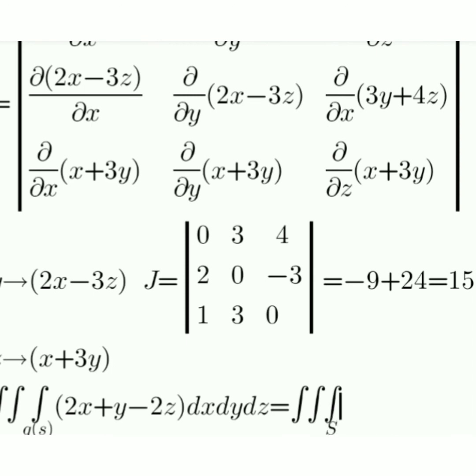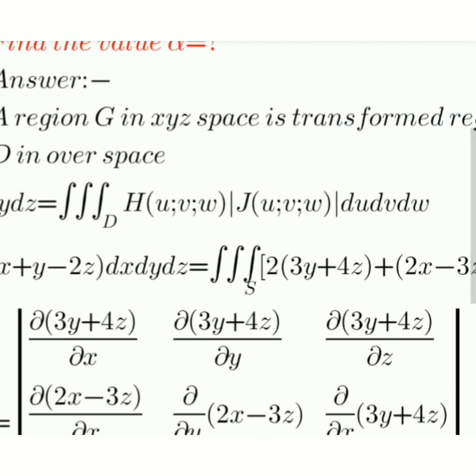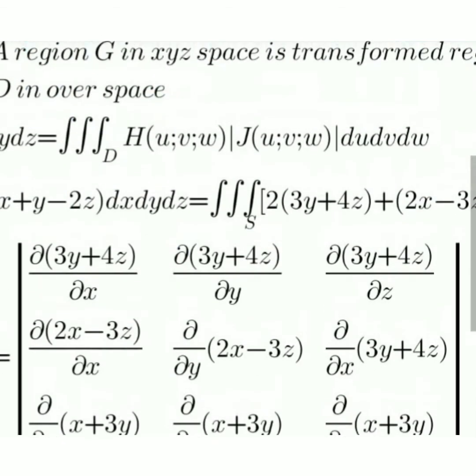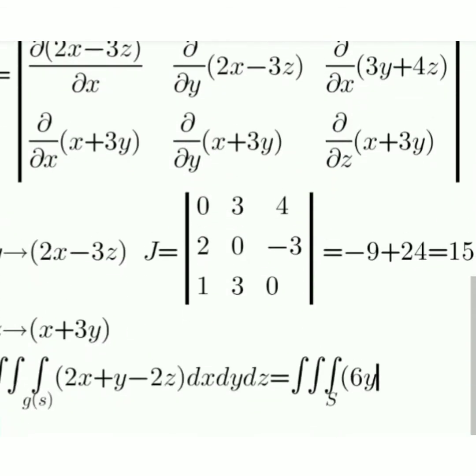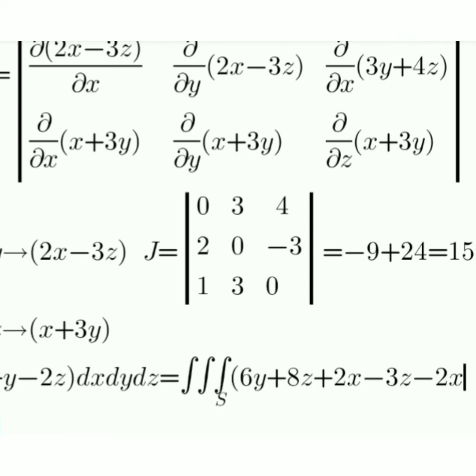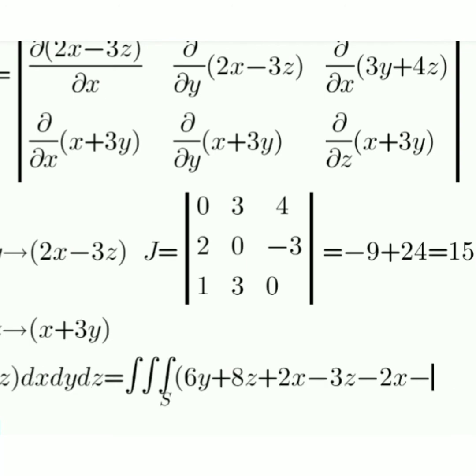and just calculating this value, because my previous 6y, because 2 into 3 is equal to 6, plus 4 into 8 plus 8z plus 2x minus 3z minus 2x minus 6y.